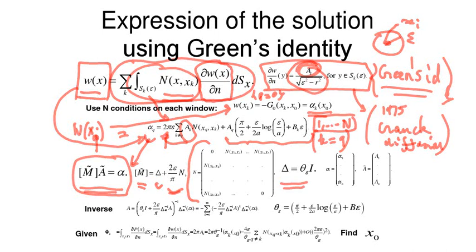Delta is theta epsilon multiplied by the identity, where theta is given by this expression. This is just the result of the calculation, where B is a constant, and a here is, for example, if we have a ball of radius r, the radius of the ball, right?